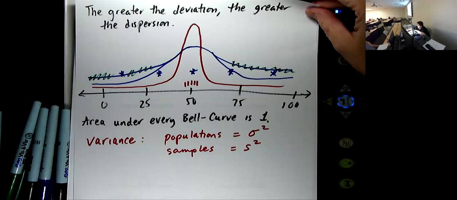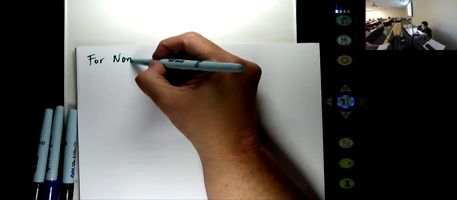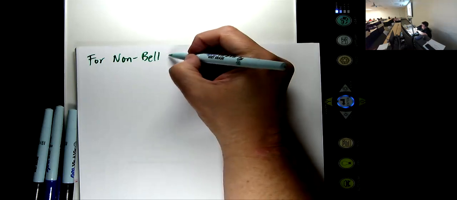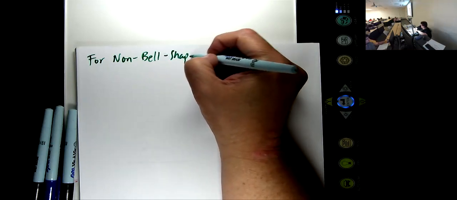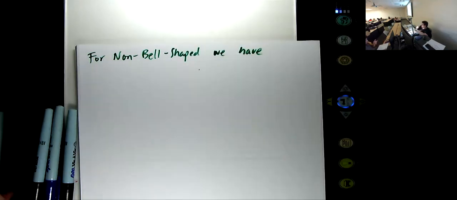Ready? For non-bell shape, like our skewed graphs, we have, and I'm going to write it first before I pronounce it.